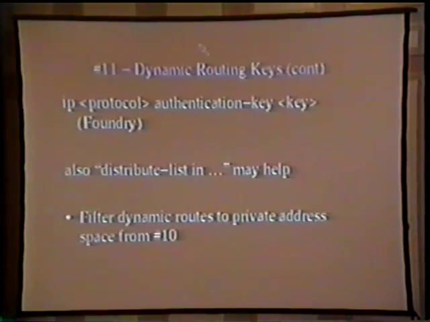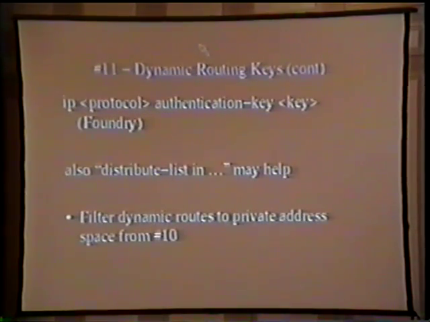Now, if you remember earlier, I was talking about filtering private address space. At the same time here, it may be a good idea to actually filter the content of these routing updates. You always hear that if you're setting up dynamic routing, the backbones would get really angry if you start broadcasting routing paths to some of the private networks.